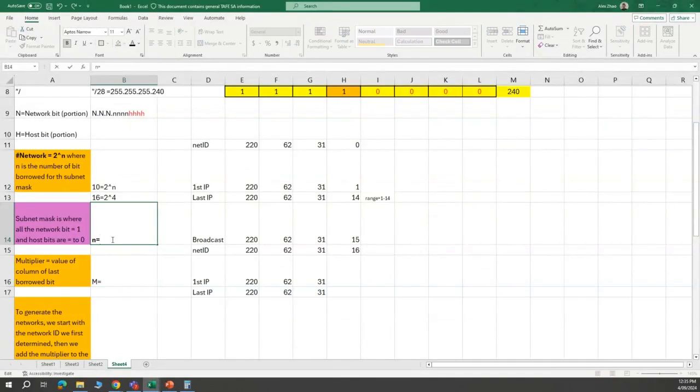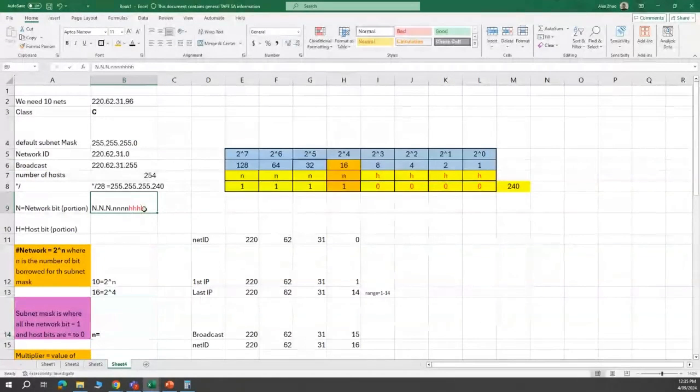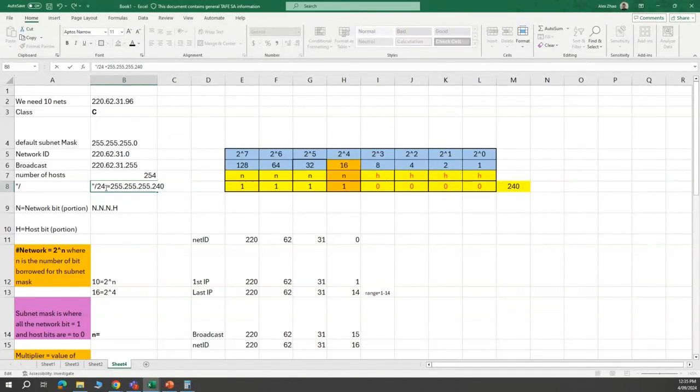the question is not about the number of networks? What if it's about the number of hosts? Okay, so let's change this back now to what was default, which was 24 and 0.